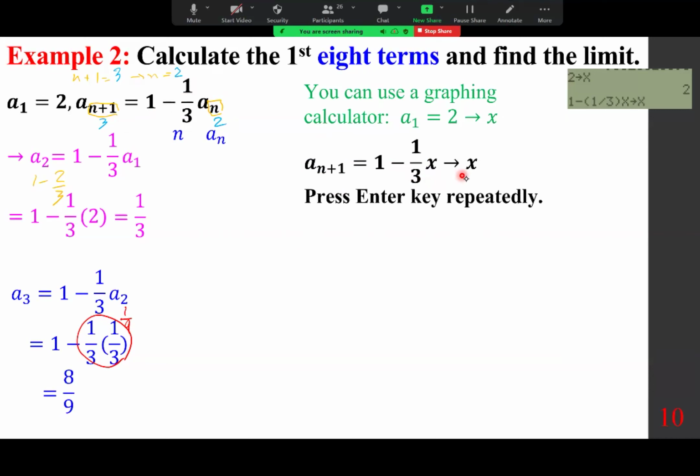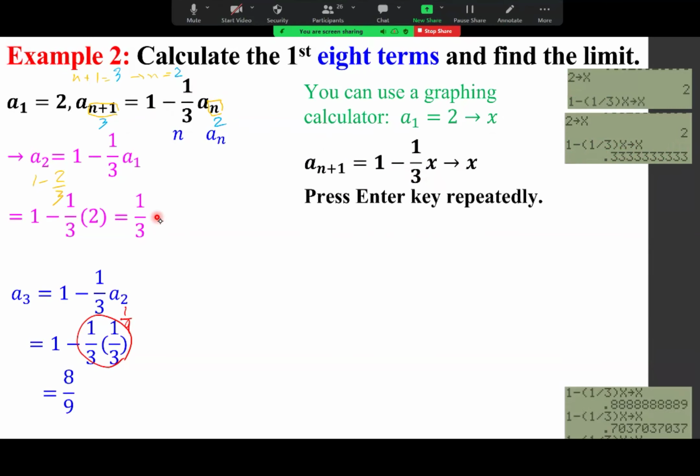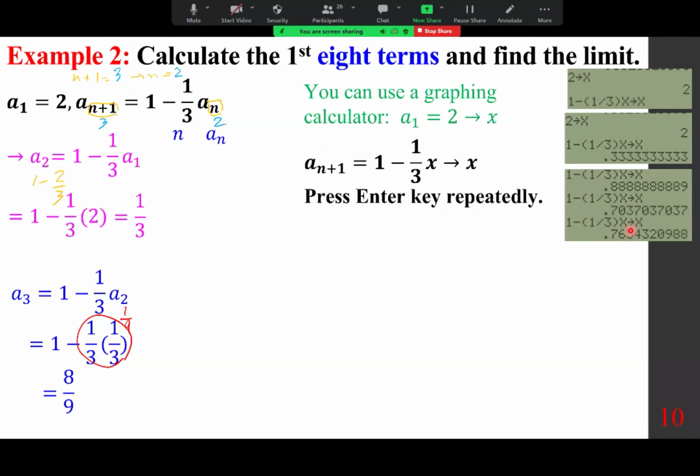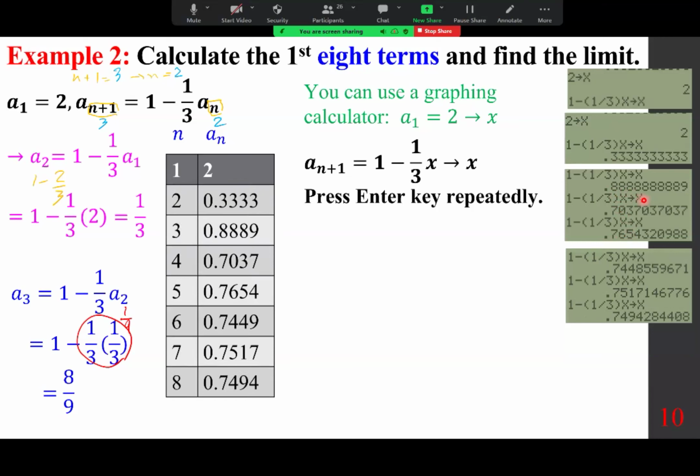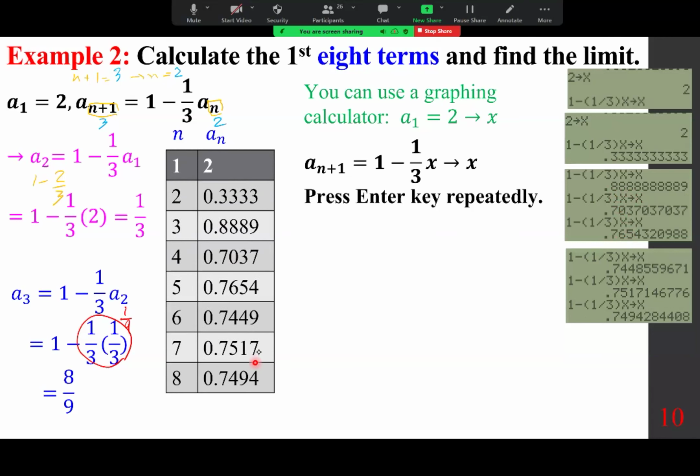You get them. Notice the first one is 2, as expected, because we stored the 2 in it. Then when we put it into this formula, we get 0.3 bar. As you know, that's 1/3. The next one is 0.8 bar, and so on and so forth. So if you write all of them in this table, this is from a calculator. I'll quickly show you how to use that calculator.